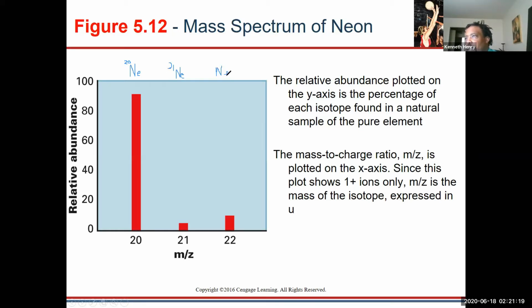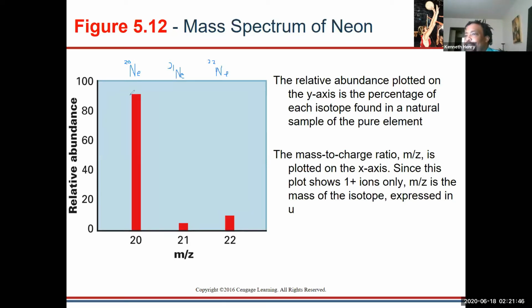Which one is most abundant? Neon 20, right? Because it has the higher bar. The higher bar is the better. It has the most.